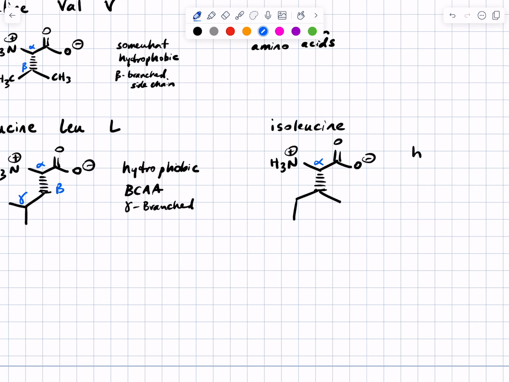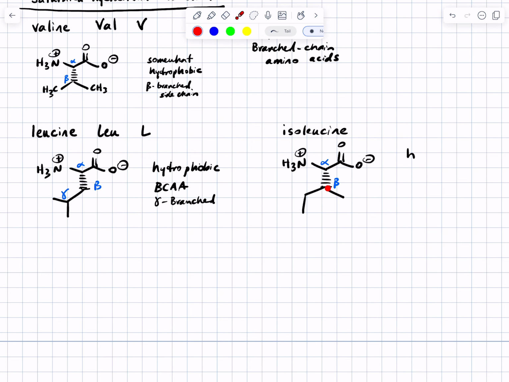So here's the alpha carbon. At the beta carbon, you have a branch point. Only one of the 2 branch points is a methyl group, and the other is a CH2 that's bonded to a methyl. It's like you took a CH3 from the gamma carbon on leucine and slid it over to the beta carbon. So isoleucine is an isomer of leucine.